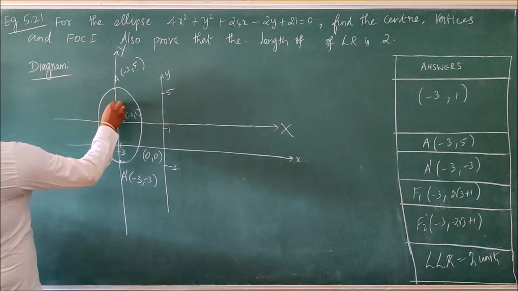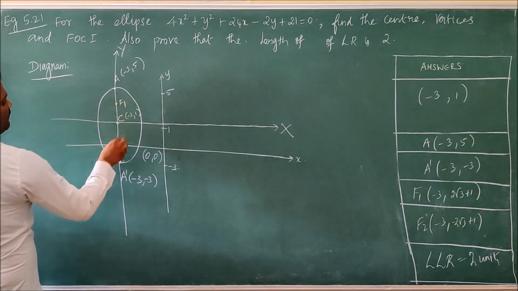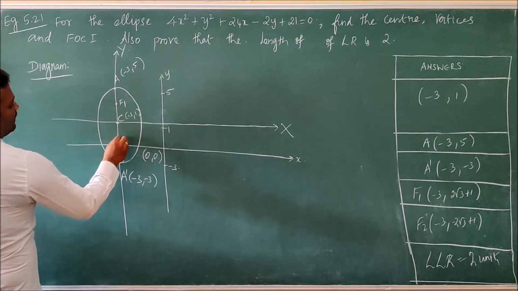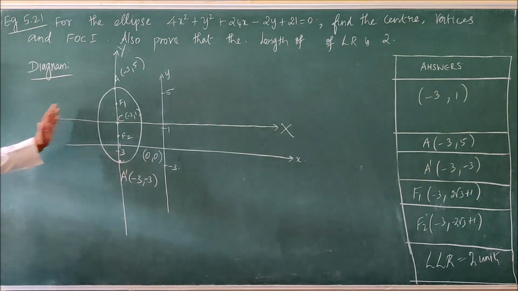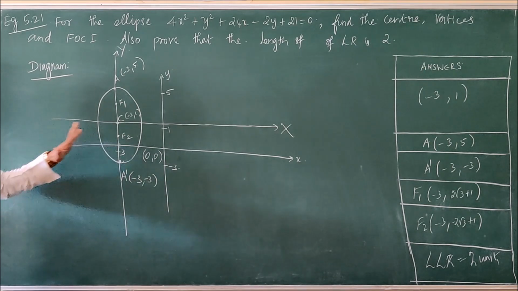For that ellipse you have to mark the focus F1 above, and below the center you have to mark the other focus, that is F2. So these are all the things you have to do to draw the diagram like this.